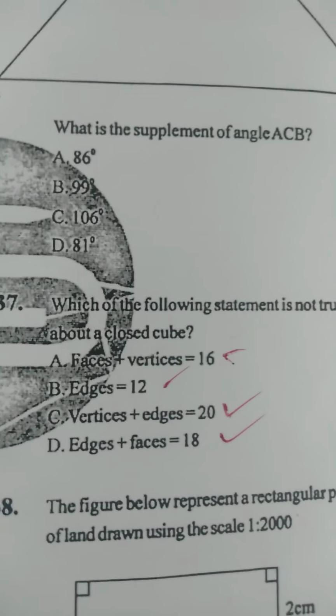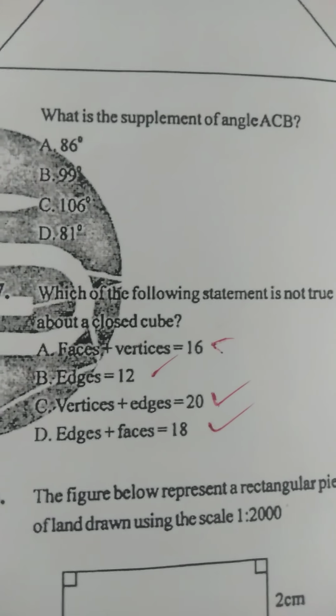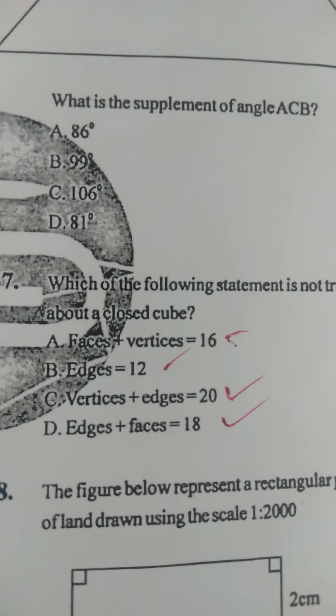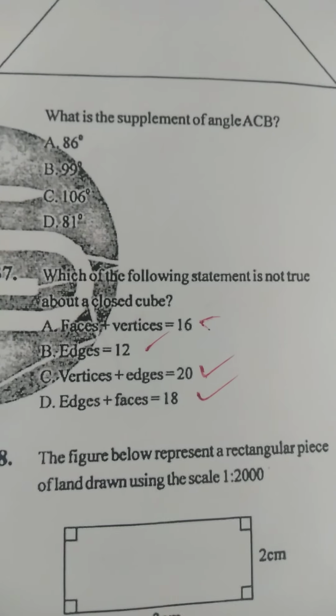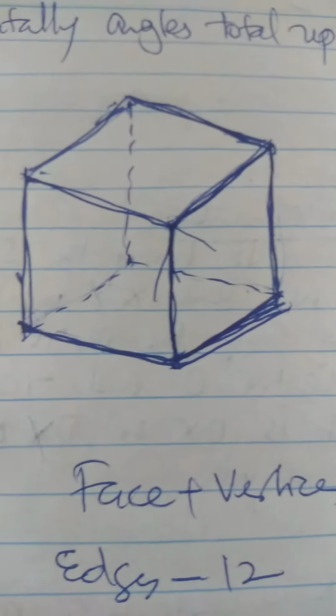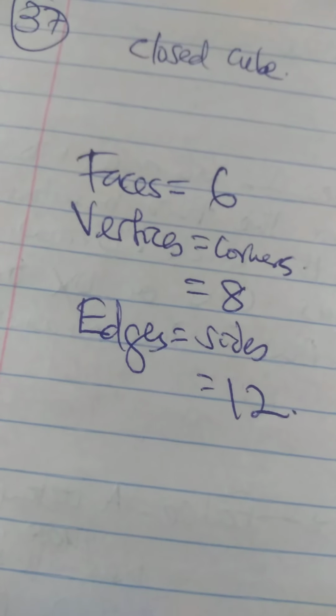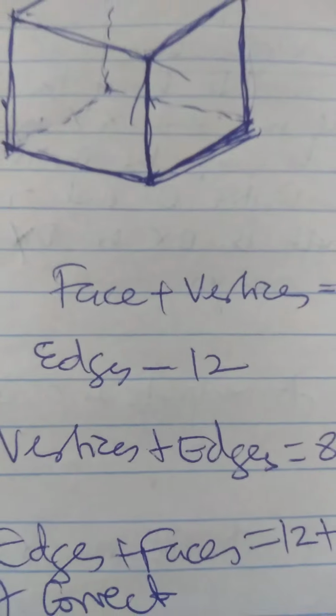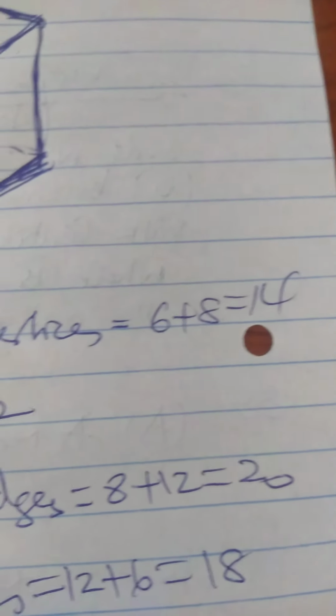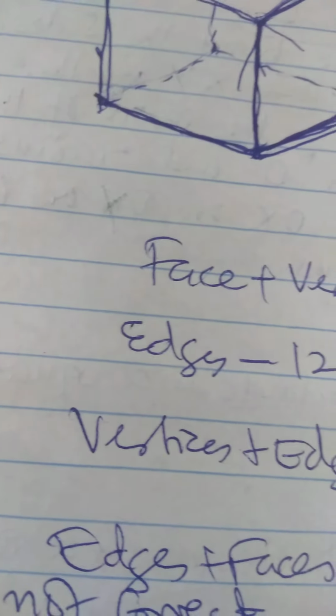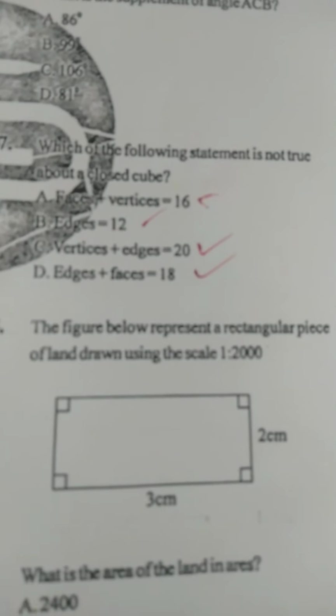Question 37, you are asked which of the following statements is not true about a closed cube. Here I had to draw the cube. Found that it has 6 faces, 8 vertices, and 12 edges. So faces plus vertices is 14, not 16.